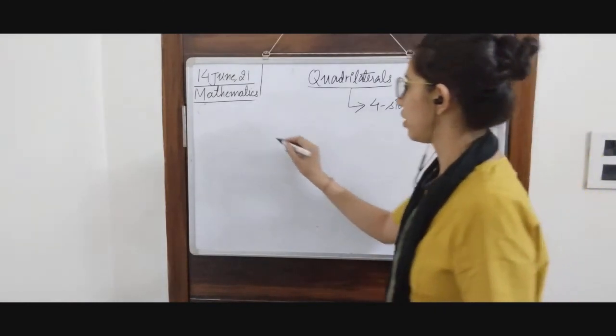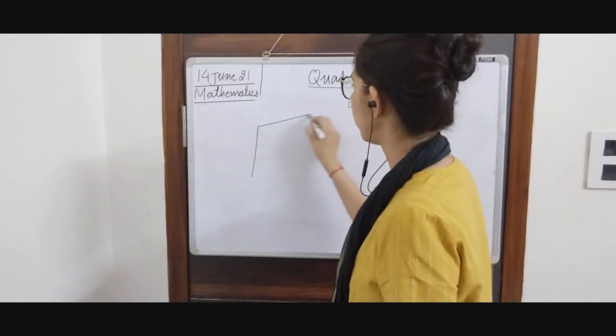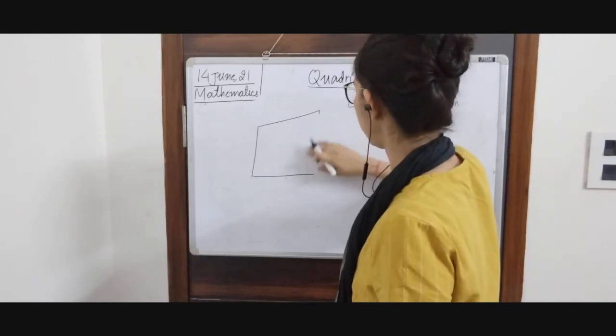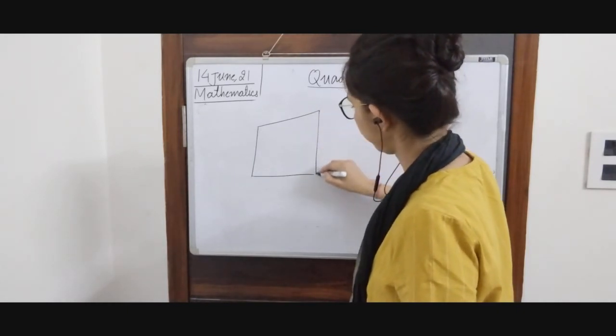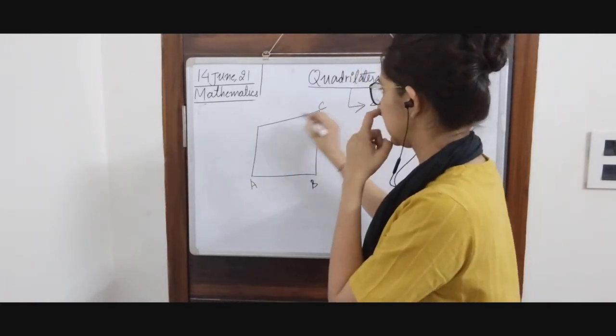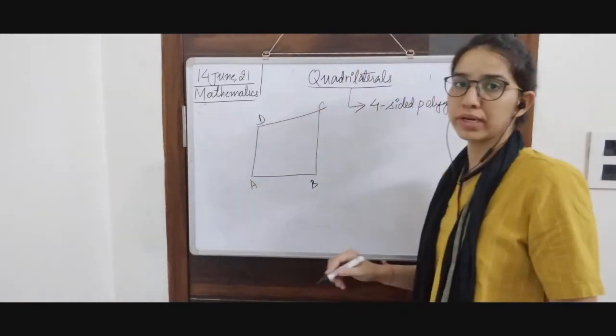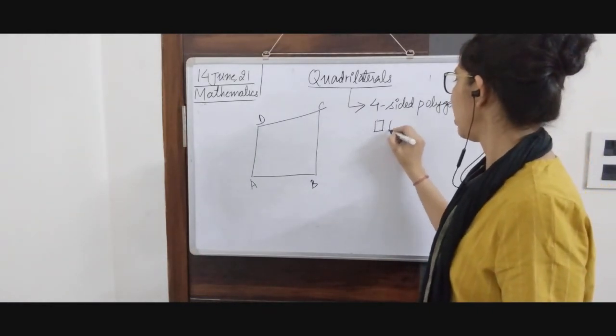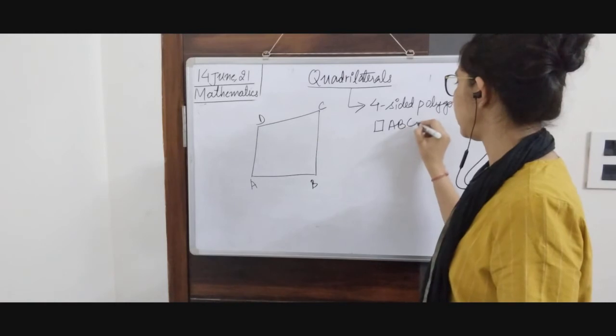We will draw a figure for a quadrilateral. Suppose this is our quadrilateral. We will name it A, B, C and D. This is quadrilateral ABCD.